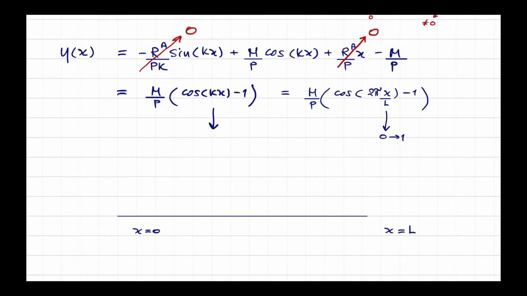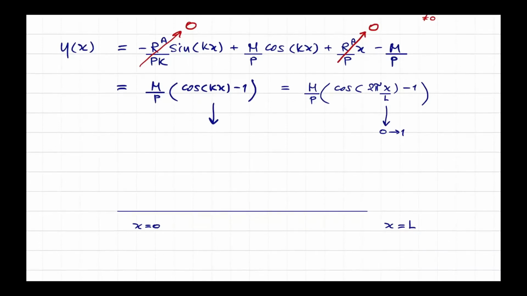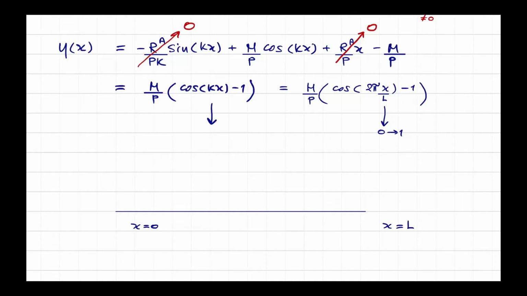So cosine from 0 to 1 covers one full cycle. Start from cosine equals 1, and the whole thing equals 0. You get 1 minus 1, you get 0. And then the cosine value varies all the way until the minimum cosine value, which is minus 1.